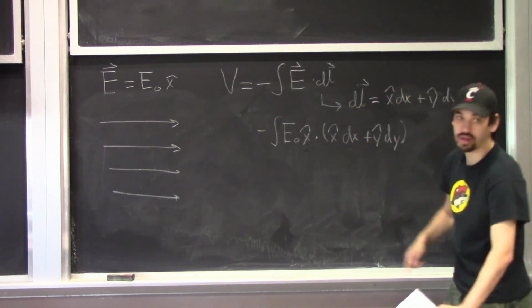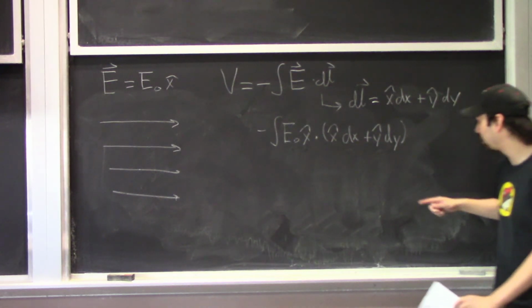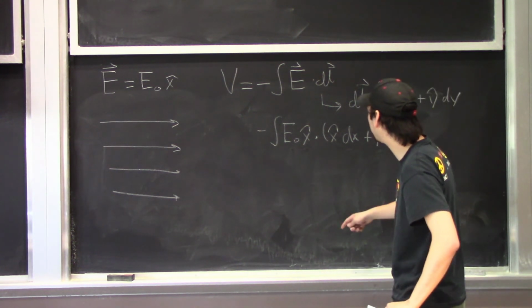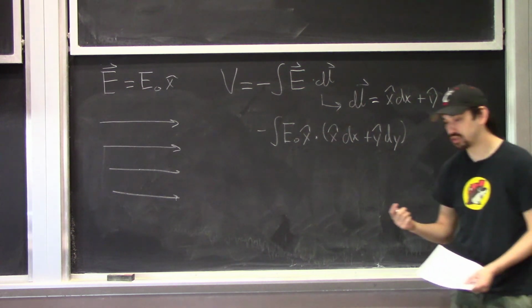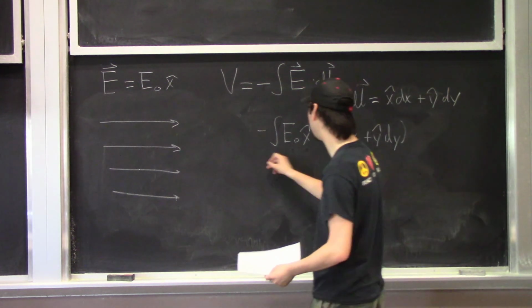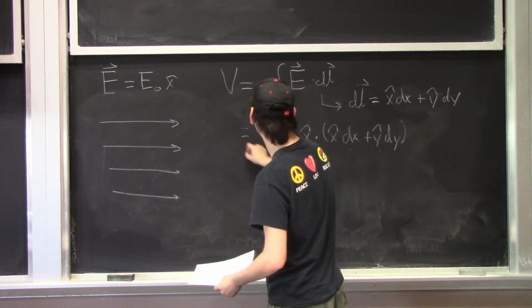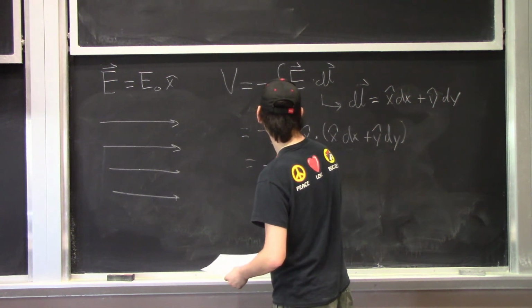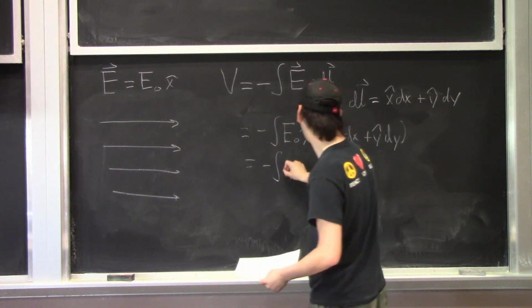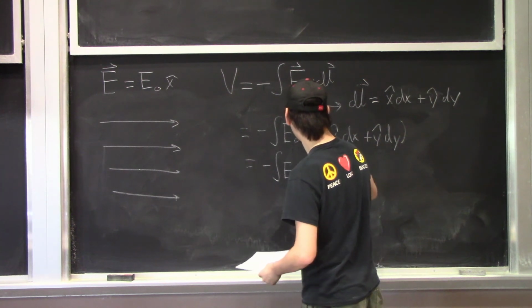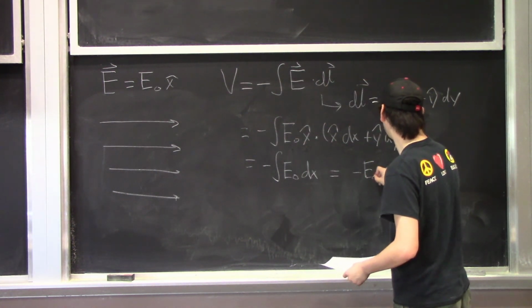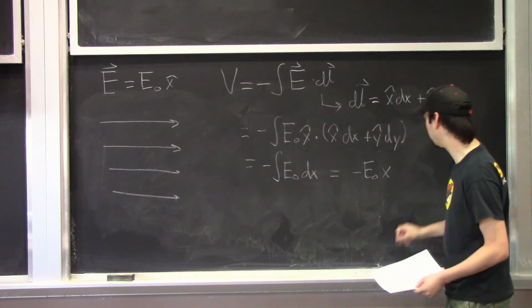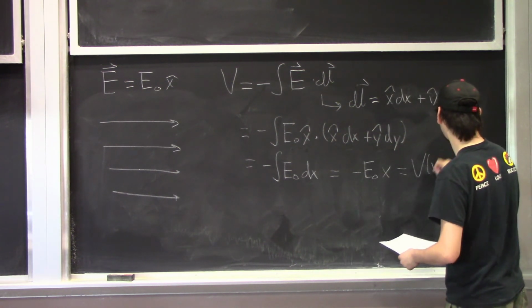X hat dot x hat is 1 because these are unit vectors, and x hat and x hat are in the same direction. X hat dot y hat is going to be 0 because these two vectors are perpendicular to each other. And so what that says then is that this is going to be equal to the integral of E0 dx, which is just going to be equal to minus E0 times x. So this is what our electric potential function looks like.